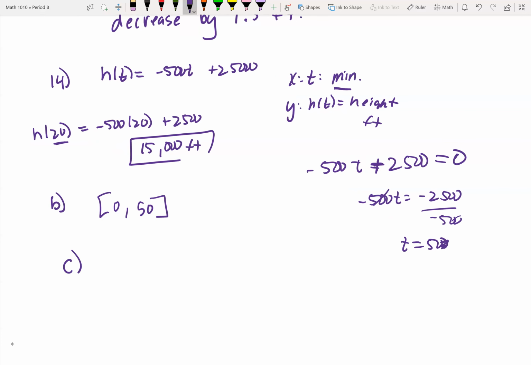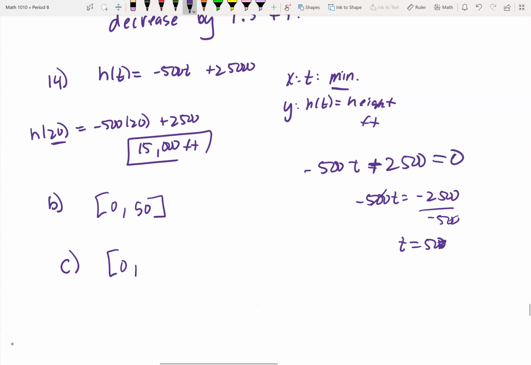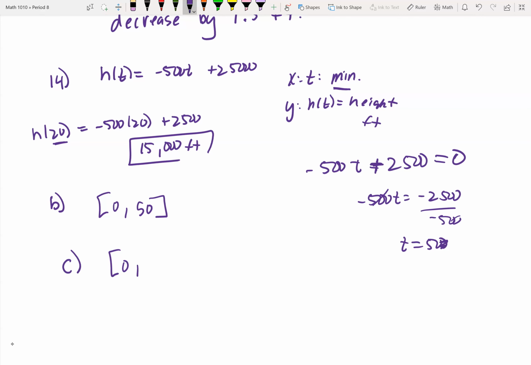Question C, what's the range? That's height, so it's anywhere from 0 to, and then your maximum height, it peaks up at 25,000, it says in the words, and you're actually going to hit it. Is it discrete or continuous? Well, your x coordinates are minutes, so if it's discrete, that means you can only do 1 minute, 2 minutes, 3 minutes, 4 minutes of flying. That's false because you can fly in between minutes.